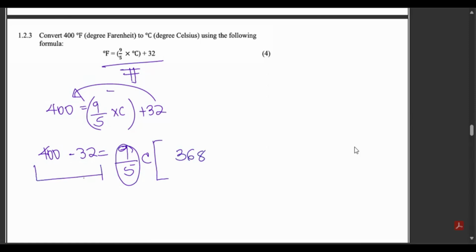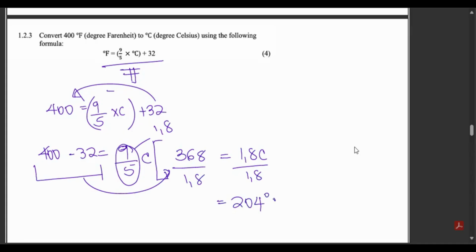This only comes this. 368 equals. Now, because we said it was this, so it will be this much. So divide through by that. Divide through by that. And the answer became 204 degrees Celsius.